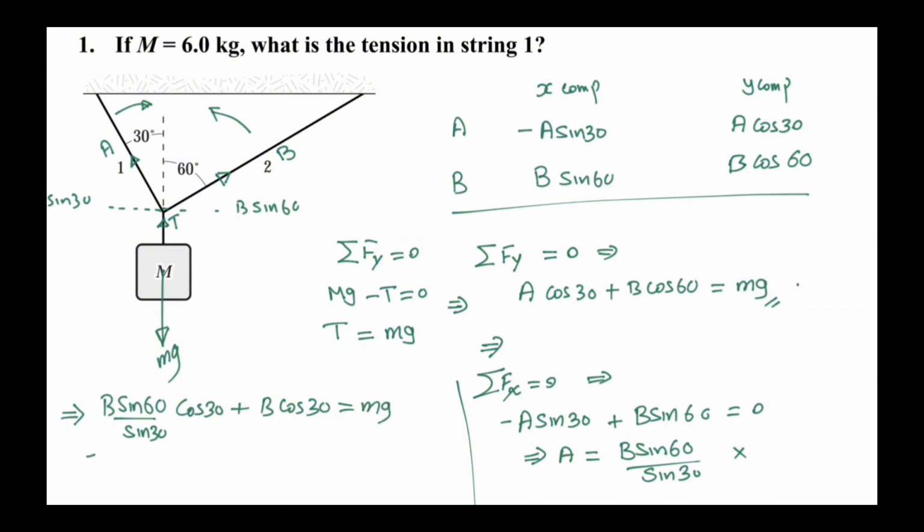You simplify this and you will find B times 1.49 plus 0.5 is equal to 60, so B in this case equals 30.15 newtons. You substitute B back in this one and you will find A equal to 52.1 newtons.